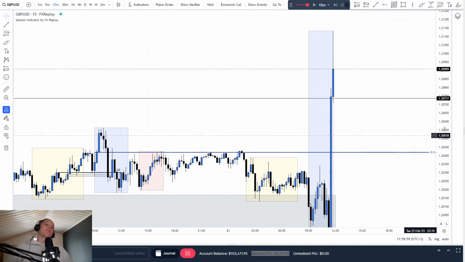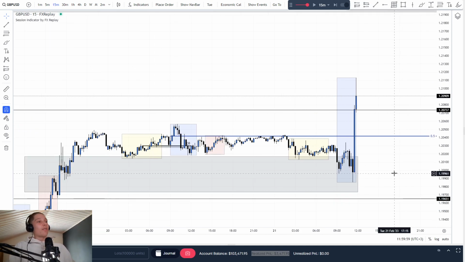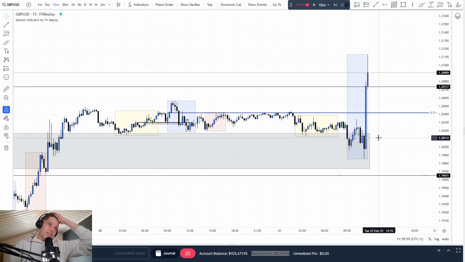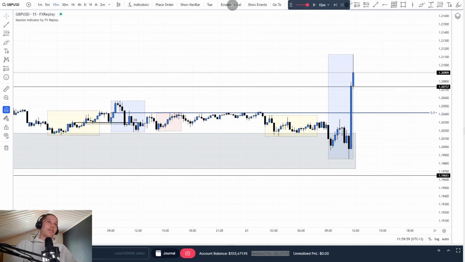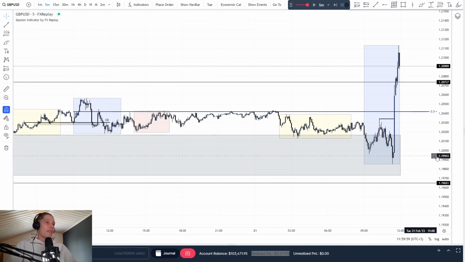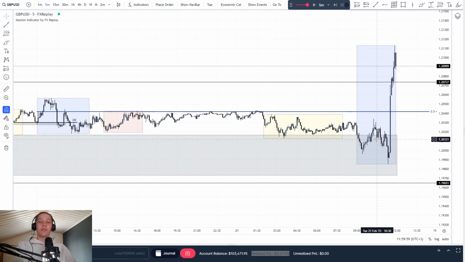Okay, well, you see, I was all looking to long from here, but the breaker structure that happens is this one, and we took the target with the same candle, so there's no trade there, man. I guess that could be some type of news candle, but that's just annoying.